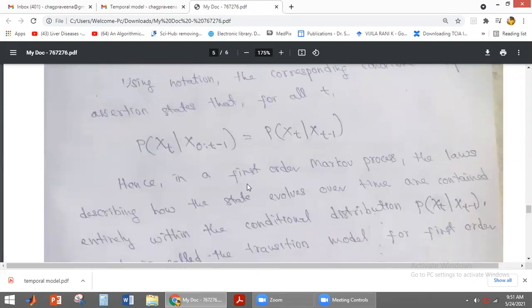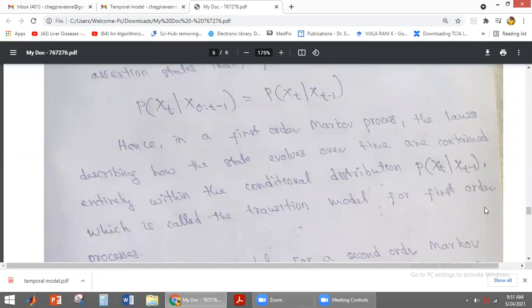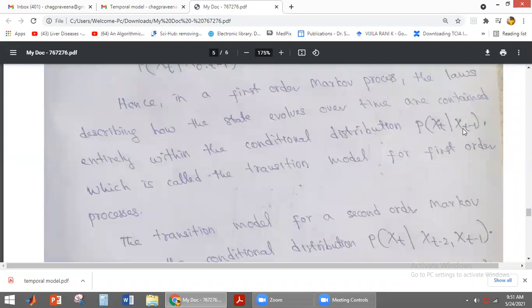In the first order Markov process, the laws describing how the state evolves over time are contained entirely within the conditional distribution, P of xt given xt minus 1. This is called the transition model for the first order process.